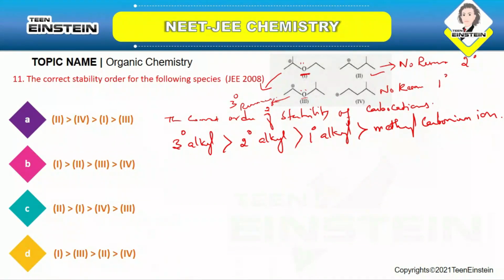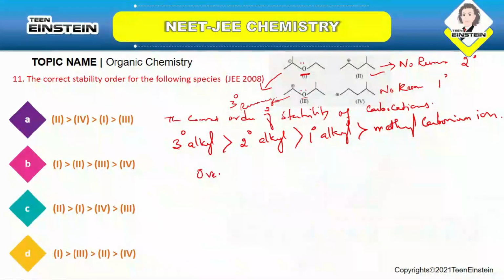So overall, comparing all the 4 structures, structure 1 is tertiary alkyl and it has a resonance structure. Structure 2 is a secondary alkyl group, but there is no resonating structure. Structure 3 is a secondary alkyl group and it has resonance, and the fourth structure has no resonance and it is a primary alkyl group.